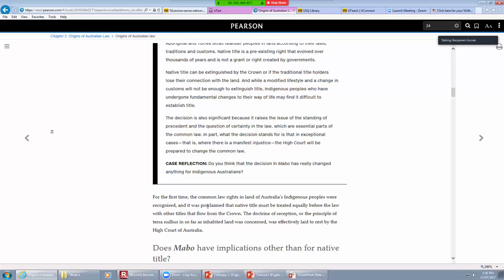Are you familiar with the Maori? The Maori are the indigenous people in New Zealand. And they went through similar tension between them and the Crown. And of course, in New Zealand, they have a treaty, just like they have, for example, in Canada.